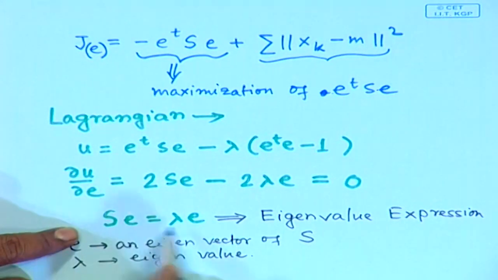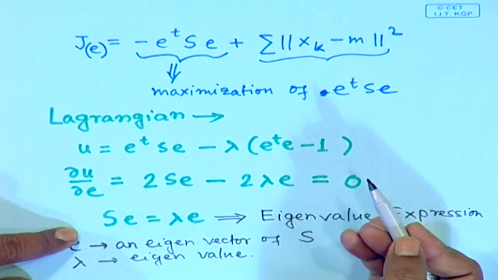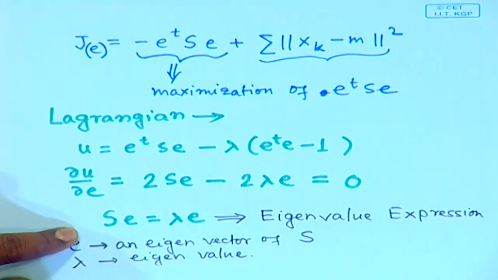right, where SE is equal to lambda E. That means I have to maximize E transpose lambda E. Our constraint is modulus of E is equal to 1. So, if I want to maximize E transpose lambda E, that means I have to take the maximum value of lambda.